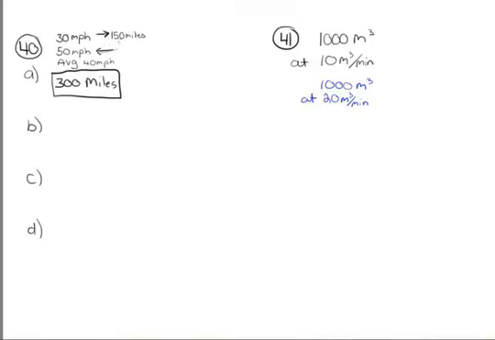And so 150 divided by 30, that'd give me 5 hours. And then on the way home, he went faster, and that then would have taken him 3 hours. And so it took him 8 hours.